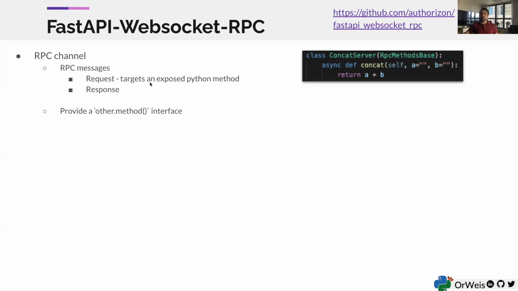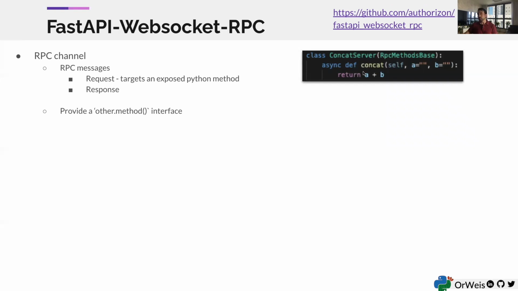A request will be targeting a specific Python method that we exposed. And in the end, it looks something like this. As you can see in the screenshot here of the code, we have a server that inherits from RPC method base, and it exposes specific methods.